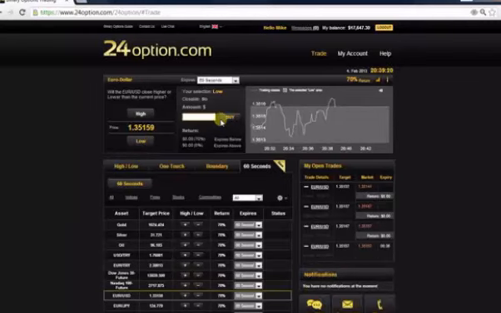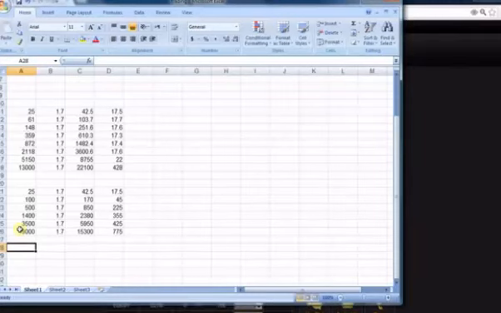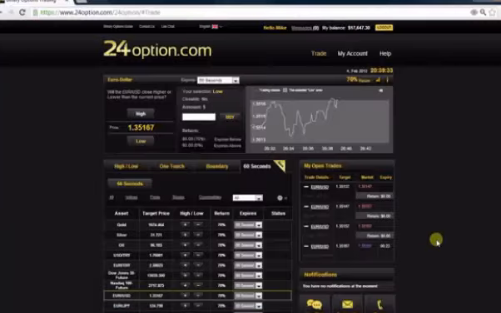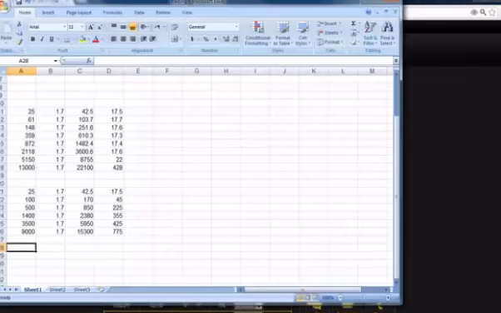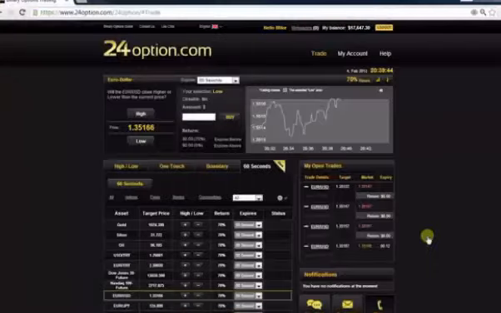Okay, looks like we caught the trend going down, but oh, it's going back up again. Just going to prepare the next trade just in case. Let's up the ante again. Okay, just in case we lose this trade, we're going to up the ante again.